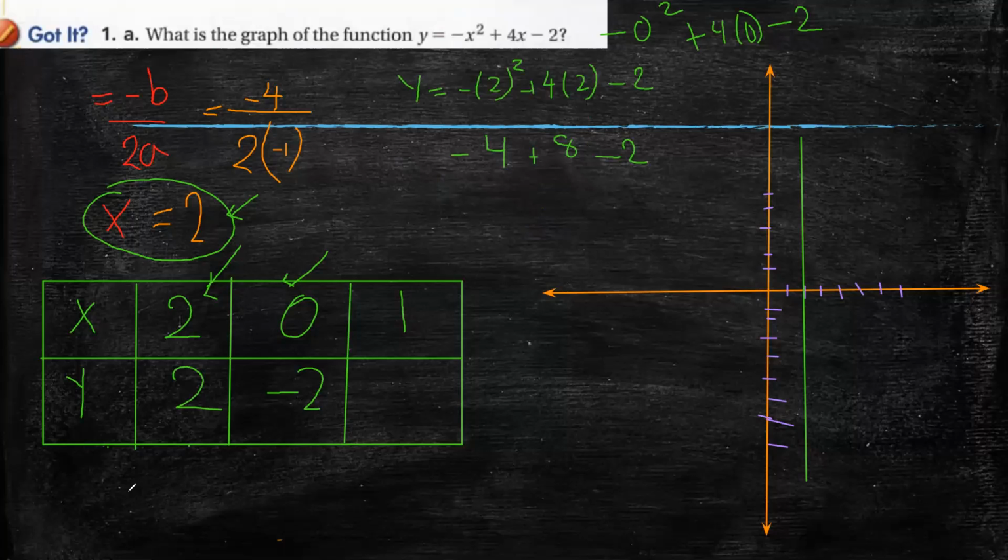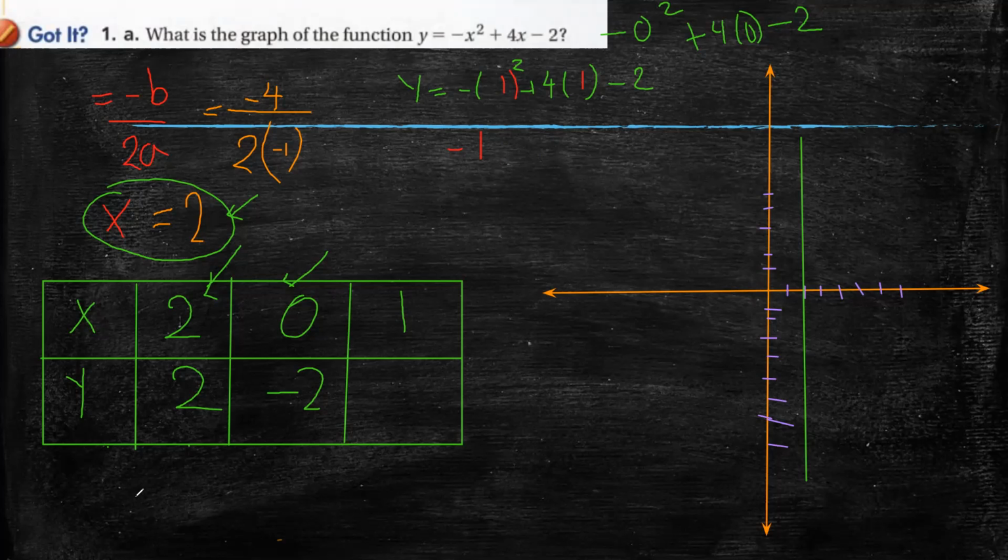The last point is at 1. So now let's remove these numbers here and evaluate with 1. Negative 1 squared plus 4 times 1 minus 2. Now, why do you say negative 1? Because I first find the square of 1, which is 1 squared, then I multiply it with negative 1.